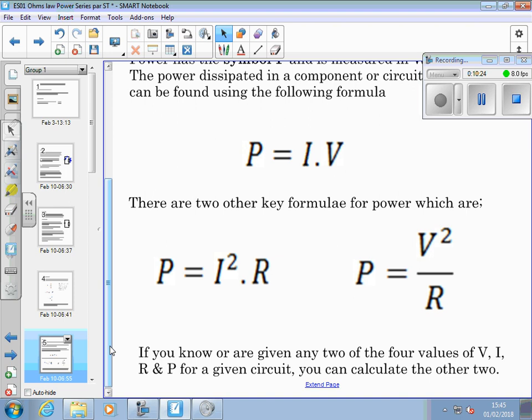So depending on which quantities you know, choose the one of these three that fits.